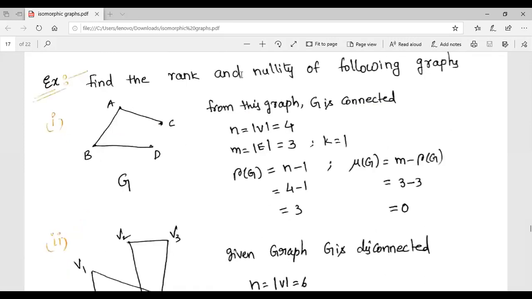Find the rank and nullity of the following graphs. First we have to decide whether the given graph is connected or disconnected.